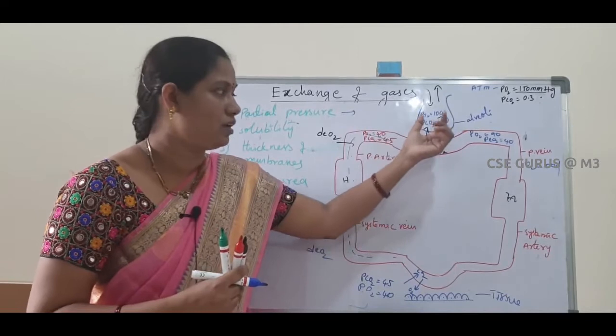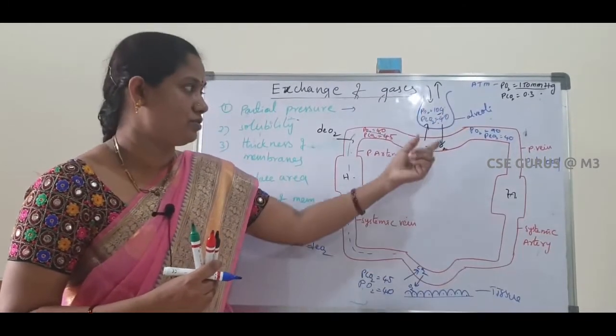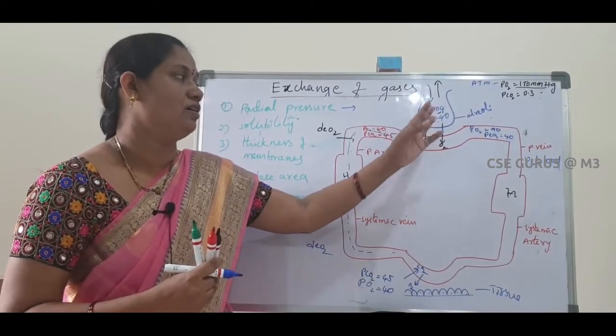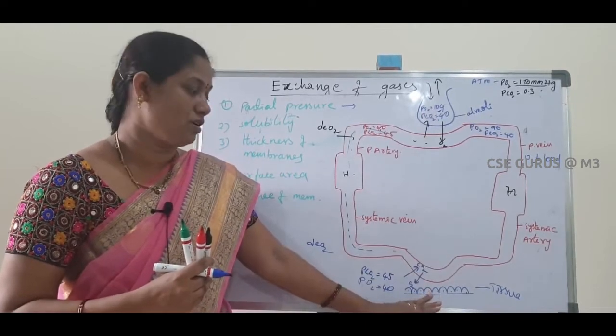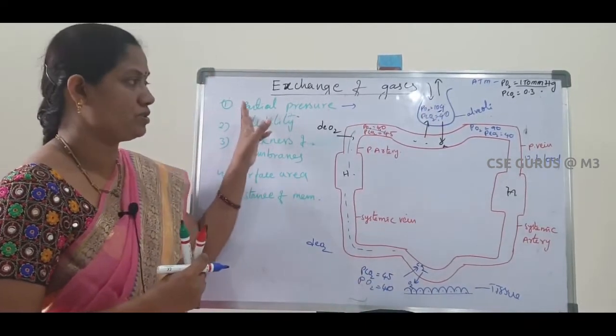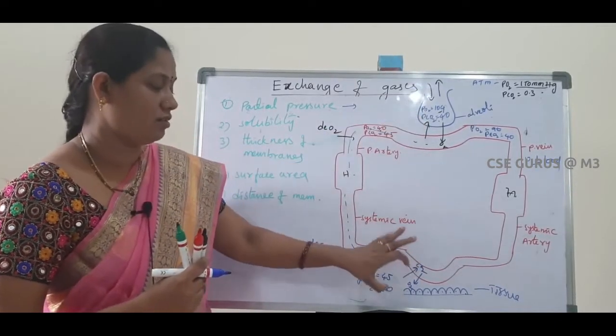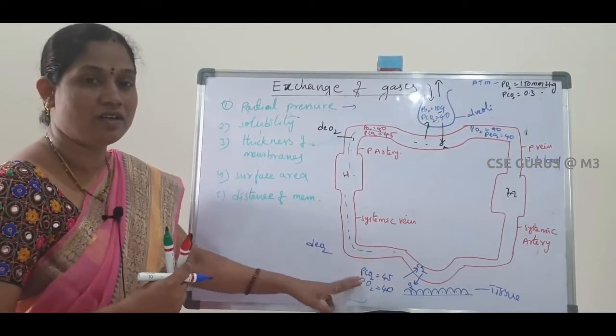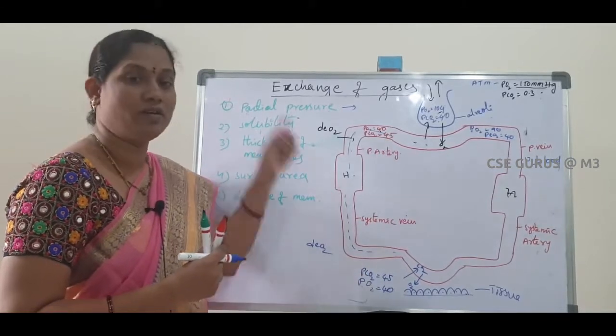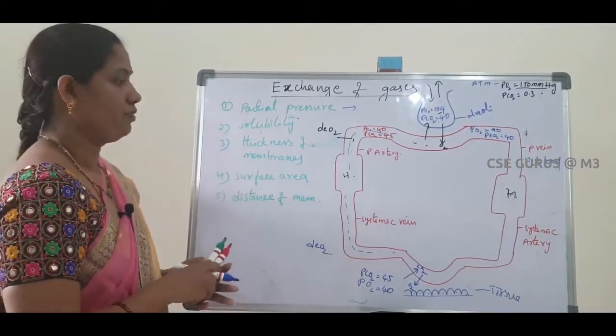In this way, blood is circulated between the lungs and tissues. So this is called partial pressure. These pressures are important for the diffusion process or exchange process.